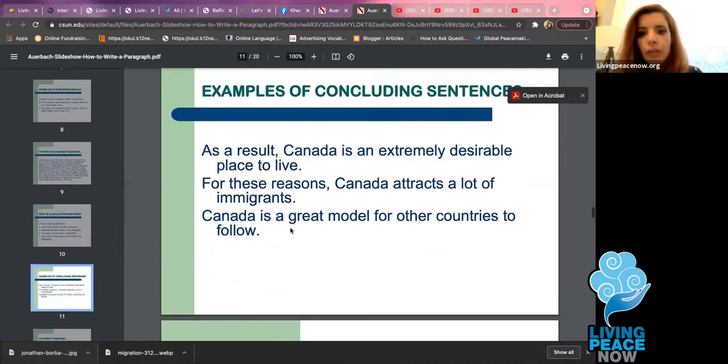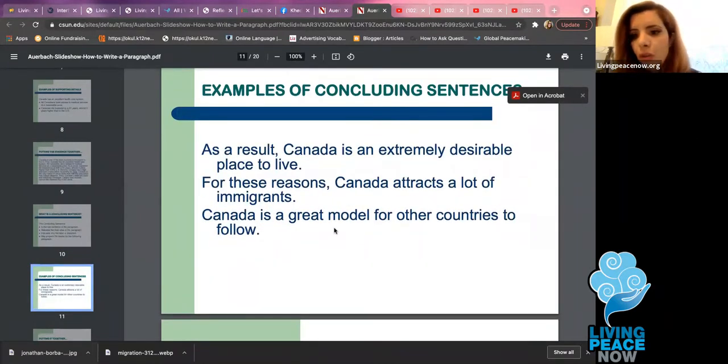Examples of concluding sentences. As a result, Canada is an extremely desirable place to live in. For these reasons, Canada attracts a lot of immigrants. Canada is a great model for other countries to follow. So all of these, or three of these, can be good concluding sentences for the paragraph we have read and the structure we saw.